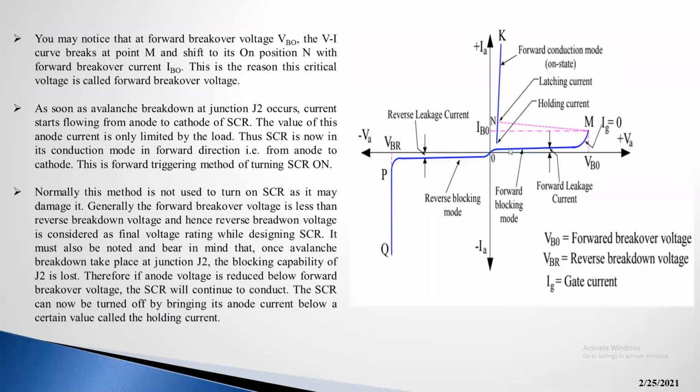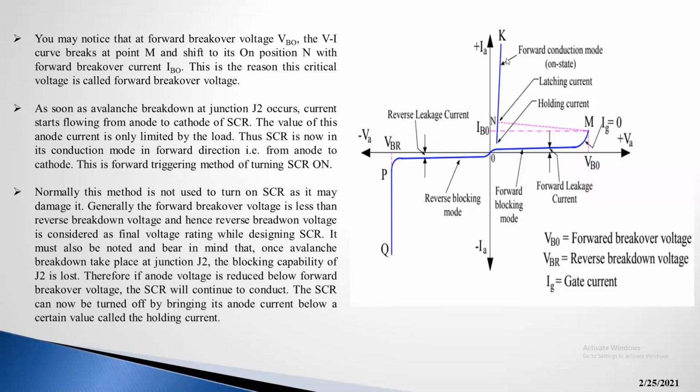By increasing this voltage more and more, at one particular voltage level the SCR will be turned on. When the SCR turns on, the voltage across it suddenly falls and the current through it increases, because the current is now flowing through the device.